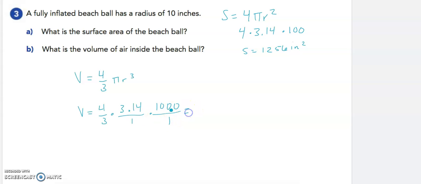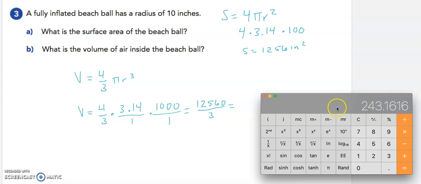So we multiply this all out. 4 times 3.14 gives us 12.56, and 12.56 times 1,000 gives us 12,560. We multiply our denominators together, we get 3. Now let's simplify that by just dividing. 12,560 divided by 3 is going to equal 4,186.7.